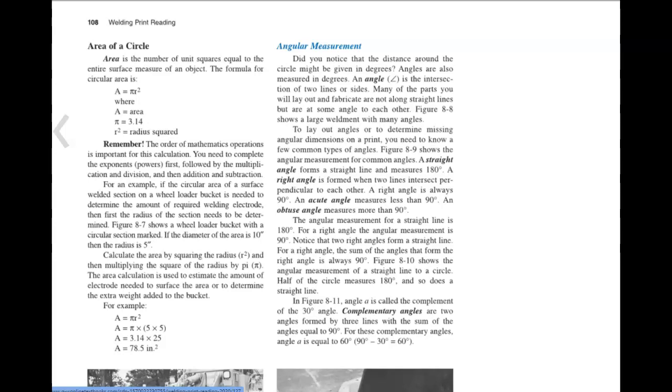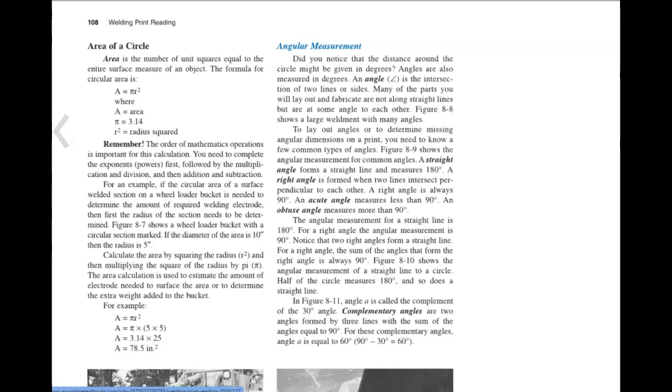For example, if the circular area of a surface welded section on a wheel loader bucket is needed to determine the amount of required welding electrode, then first the radius of the section needs to be determined. Figure 8-7 shows a wheel loader bucket with a circular section marked.